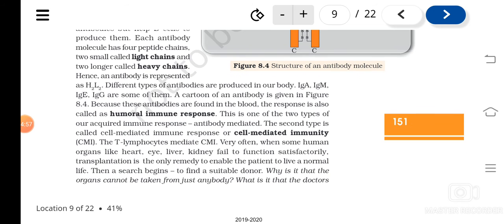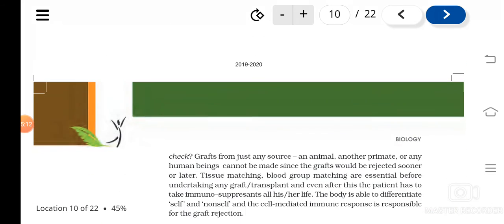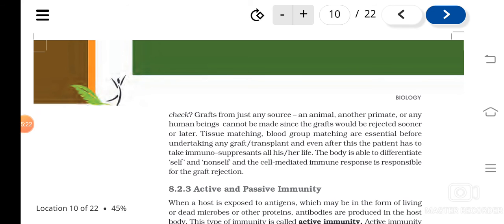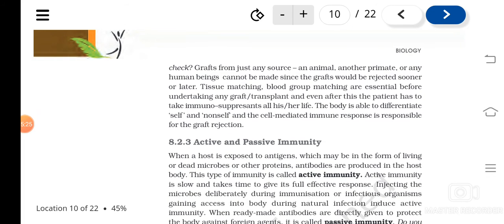Understood? So I told you when any organ transplantation takes place, the lymphocytes responsible for graft rejection give the cell mediated immune response, because the body is not able to identify the self and non-self.